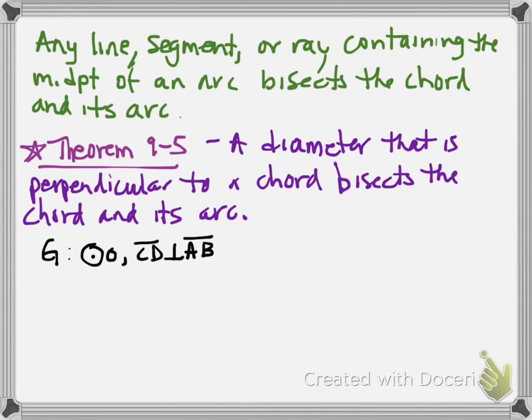So let me draw the picture of the circle. So here's your CD, which is the diameter. Here's your AB, which is a chord. We're told that those two are perpendicular to each other.